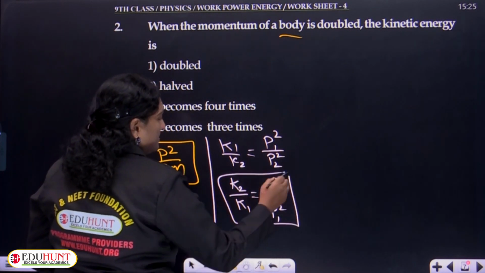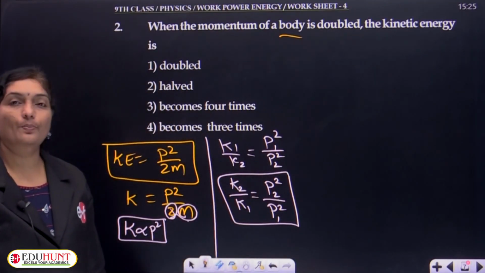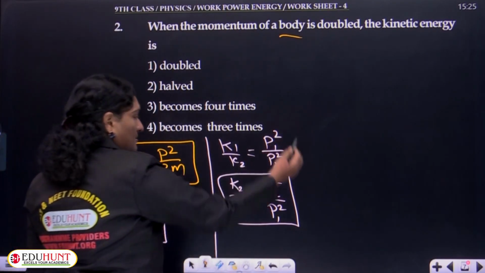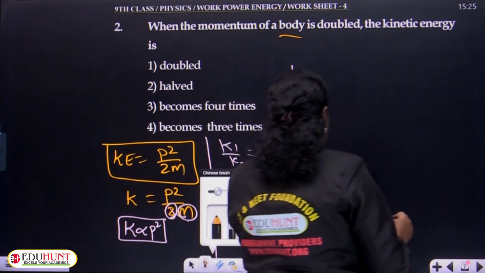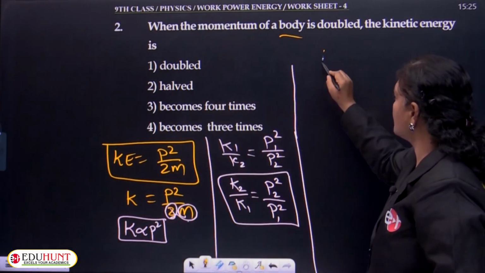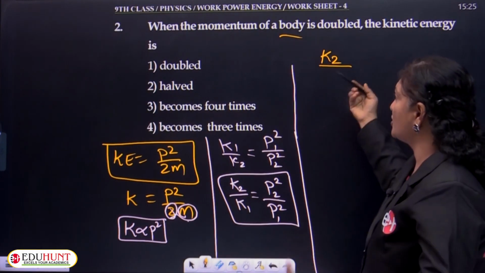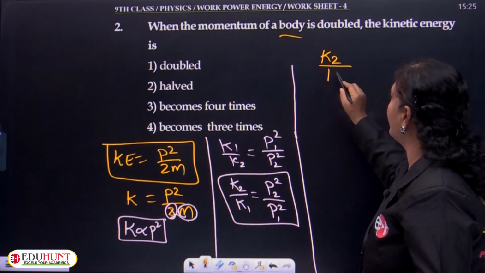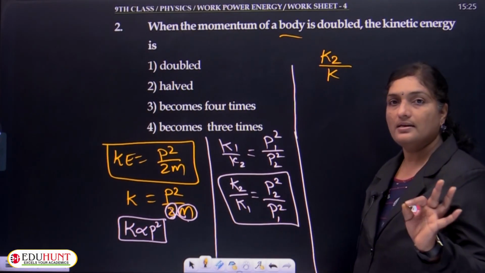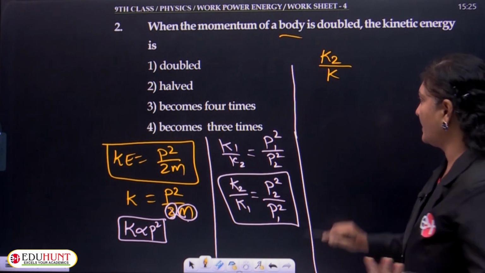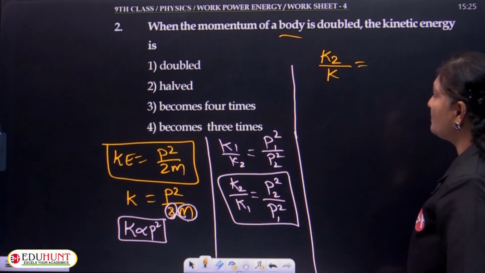So, let us consider this. What are the values, children? K2 by K1 equals P2 square by P1 square. Substituting all the values, let us find out what happens. So, K2 you are asked to find out, because the kinetic energy is the initial kinetic energy, some value, some K. What is P2?